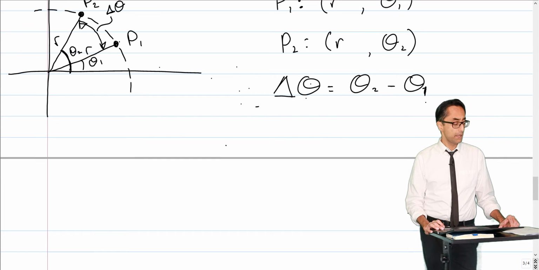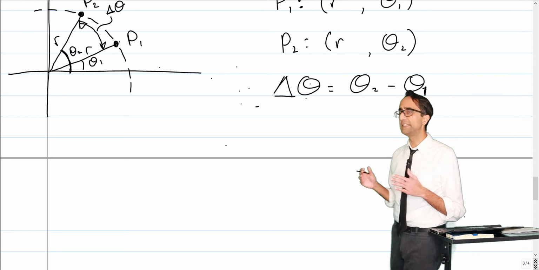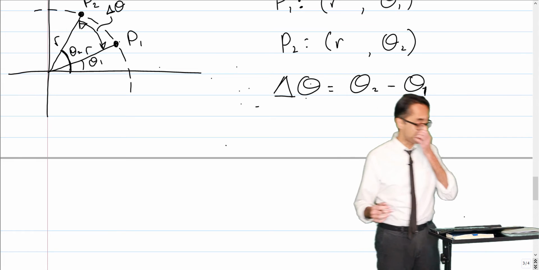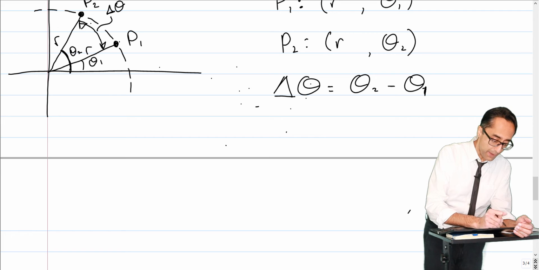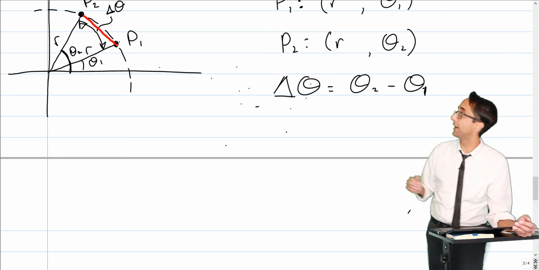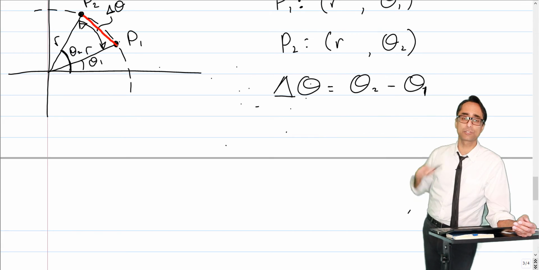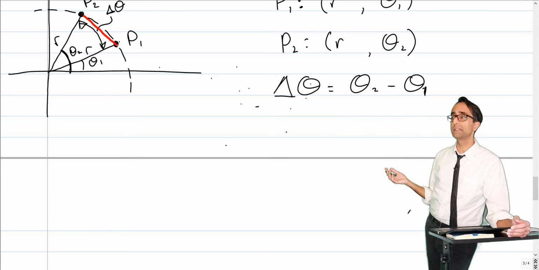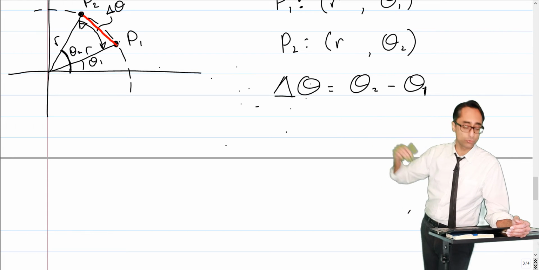Before we do, perhaps we want to know how far we went. Perhaps you want to know the distance traveled by our point P. Now, if we had an x and y coordinate system and we tried to subtract the two, we would actually end up getting that value there, that red line. Notice that is not the distance traveled. It is the displacement in the xy coordinate system, but it doesn't actually tell you how far around you went.